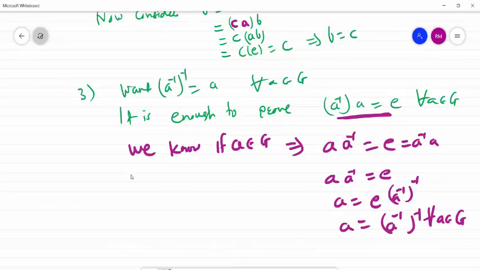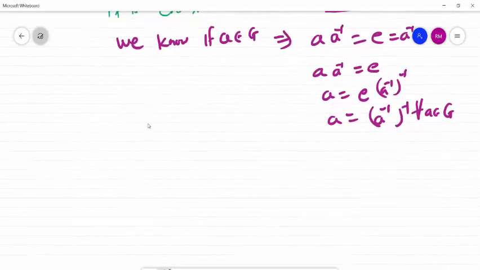Now once you understand this, you can easily understand what we have to do in the fourth property.